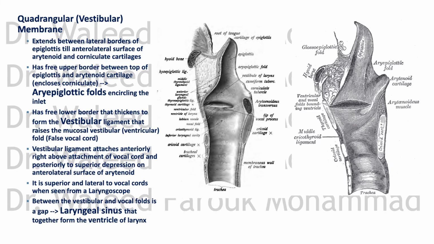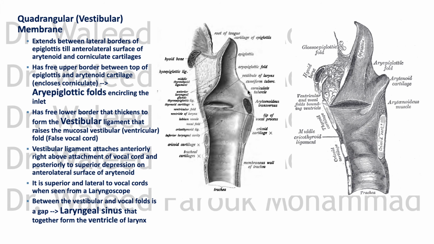Okay, what else? Another intrinsic membrane is called the quadrangular or vestibular membrane. This is the vestibular membrane. All this, it's like a ship's sail. See, it extends between the margins of the epiglottis and the arytenoids, enclosing the two small cartilages and attaches to the arytenoid cartilage.